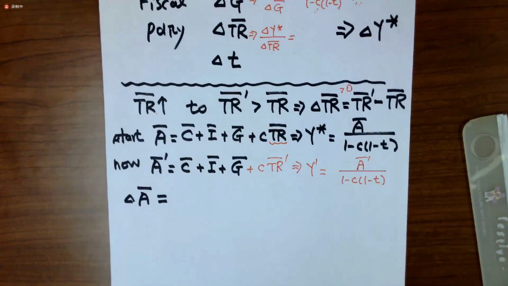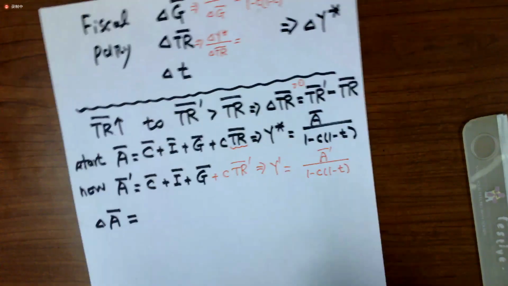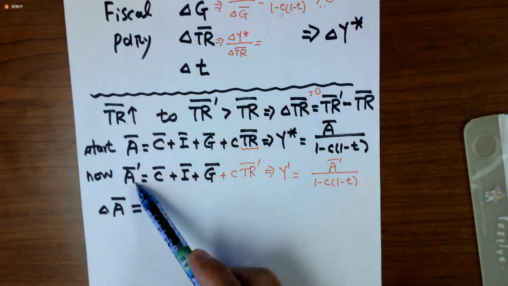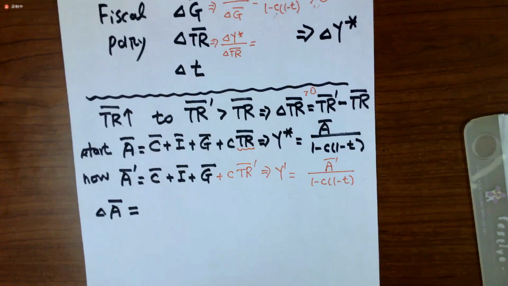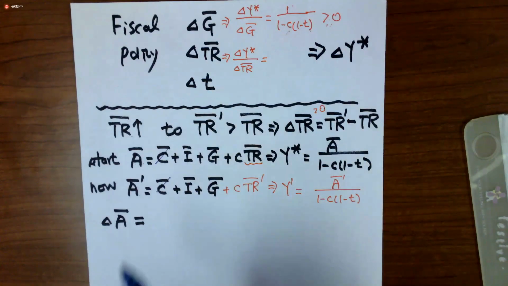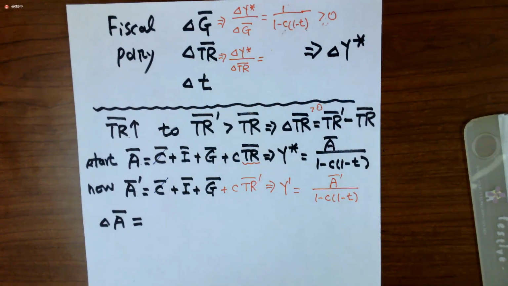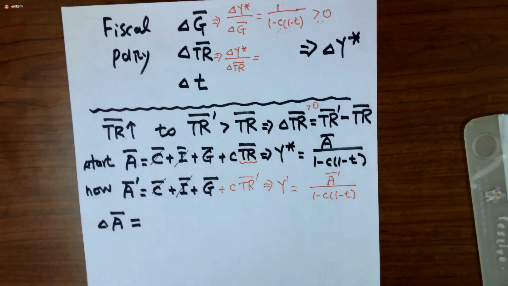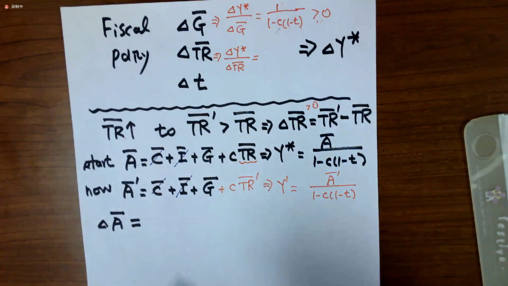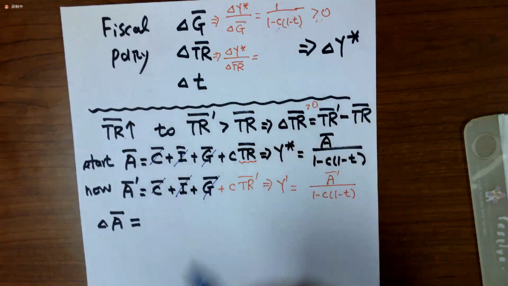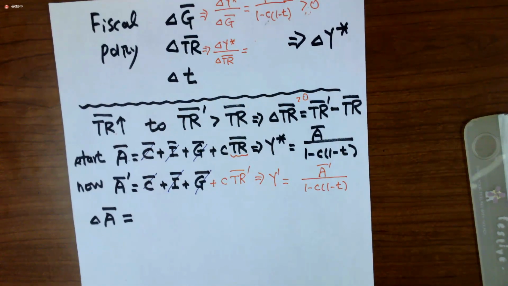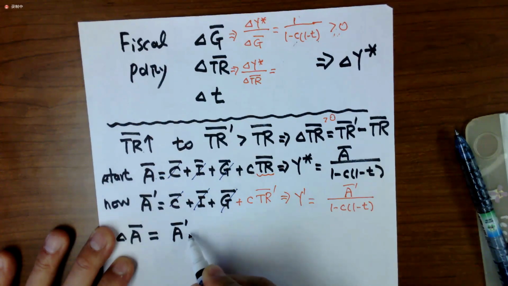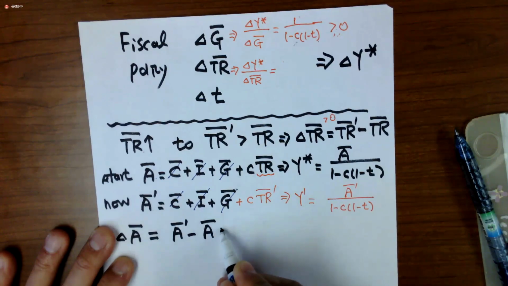Okay. So question for you. When you look at the expression of A bar and A bar prime, what did you see? You see that these are the same. So at the end, when you want to find out the change of A bar prime minus A bar, what did you get?